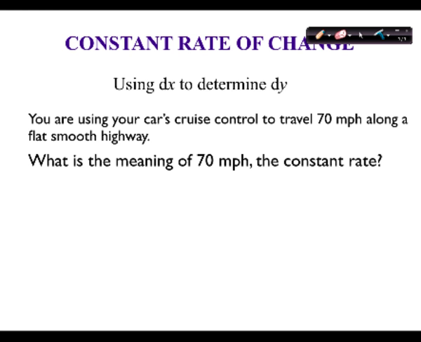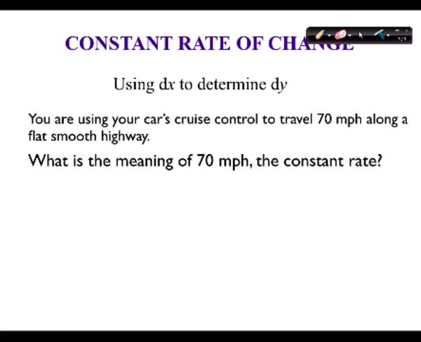Is dy going to be defined like the total distance traveled? That would be like y. If y is the total distance traveled, then what is dy? A variation in distance, right? So the variation in distance traveled is going to be 70 times the variation in time.